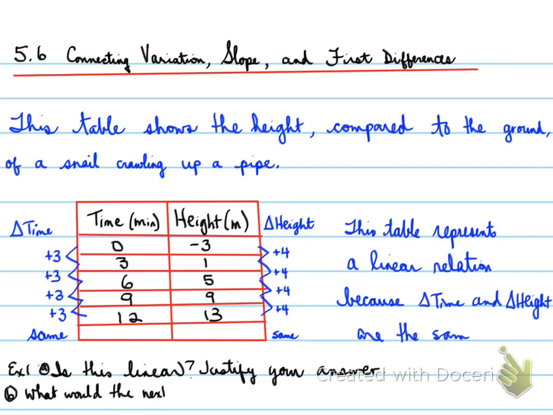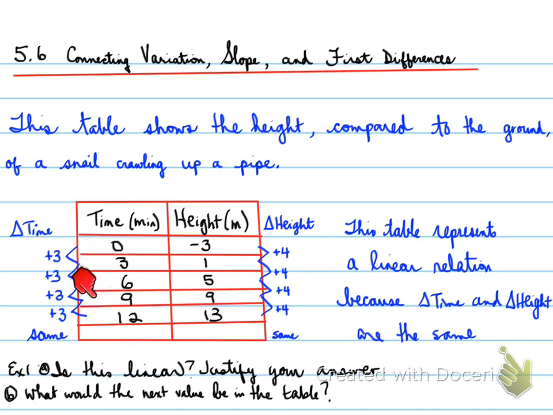Next part we need to look at is example B. What would the next value be in the table? So you need to be able to extend the table if required. So what would the next values be? Well, we can determine that by looking at the pattern.